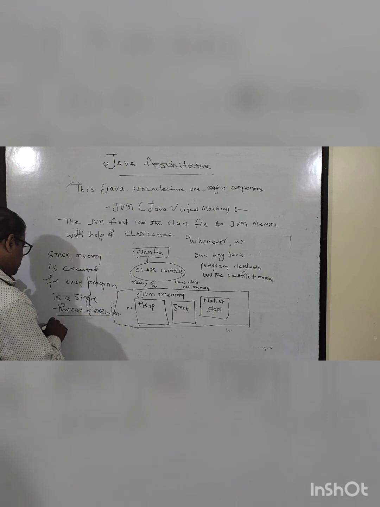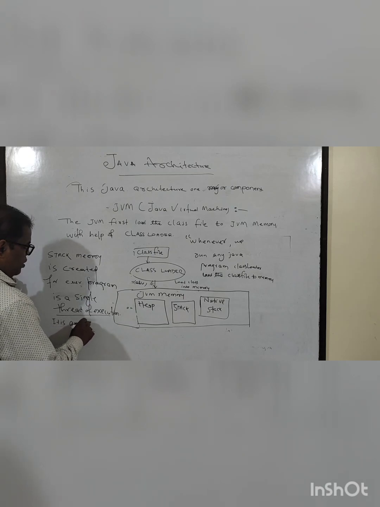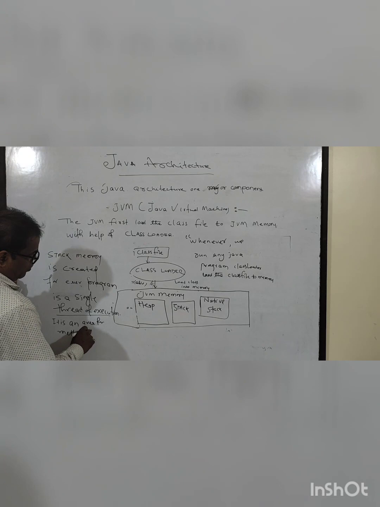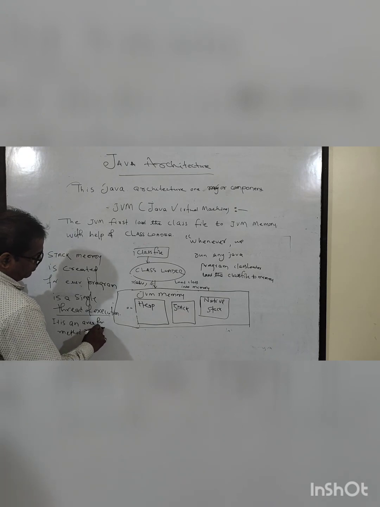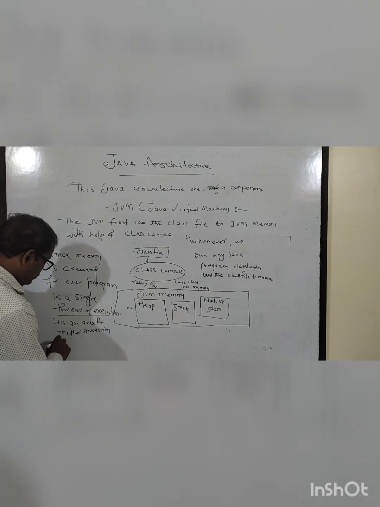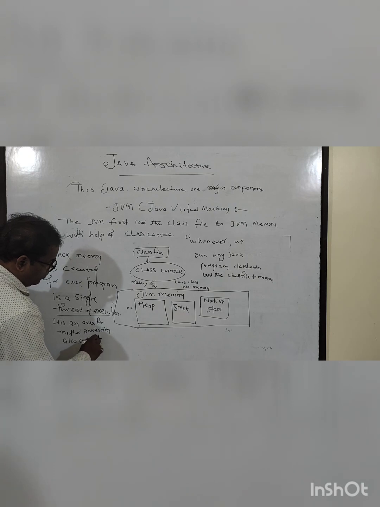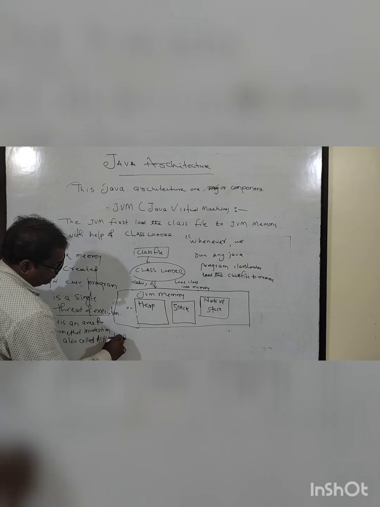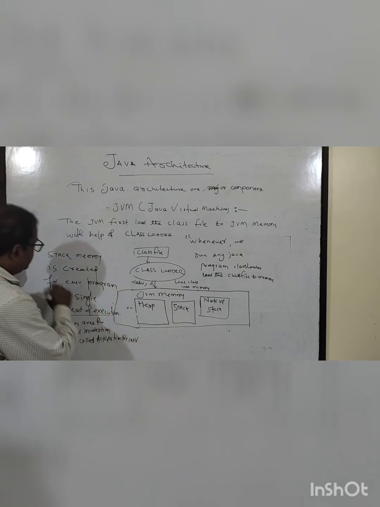It is the area for method invocation, or we can also call it the activation record. What is it called? Activation record. What goes here?